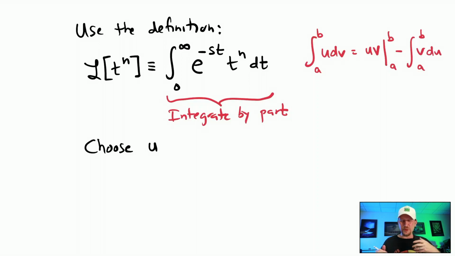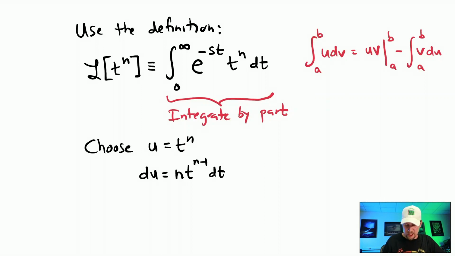Keep in mind that it would amount to the exact same thing. It's essentially the chain rule backwards, or the product rule backwards, but this is more customary. So here, if I choose u to be t to the n, then the differential du, well, I know it's n times t to the n minus 1 times dt, like this.